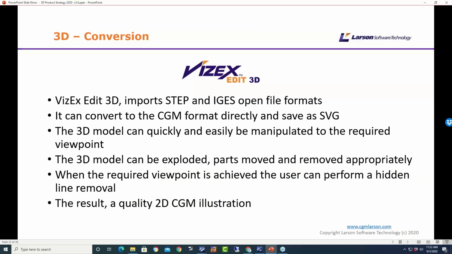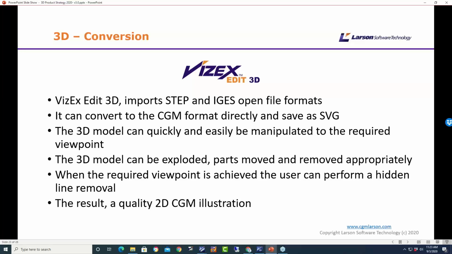With 3D, we've been lacking, but we've now closed the gap. VisXEdit 3D imports STEP and IGES, the open file formats, converts to CGM directly, and then you can always save as SVG. The 3D model that you'll see in a second, we can quickly and easily manipulate to required viewpoints.